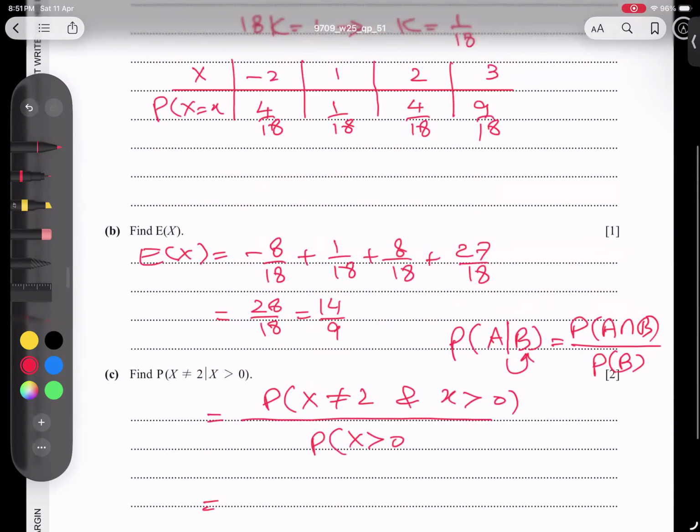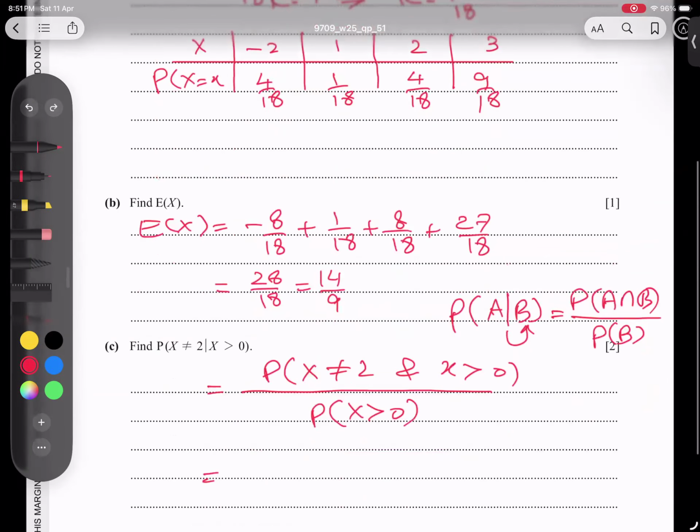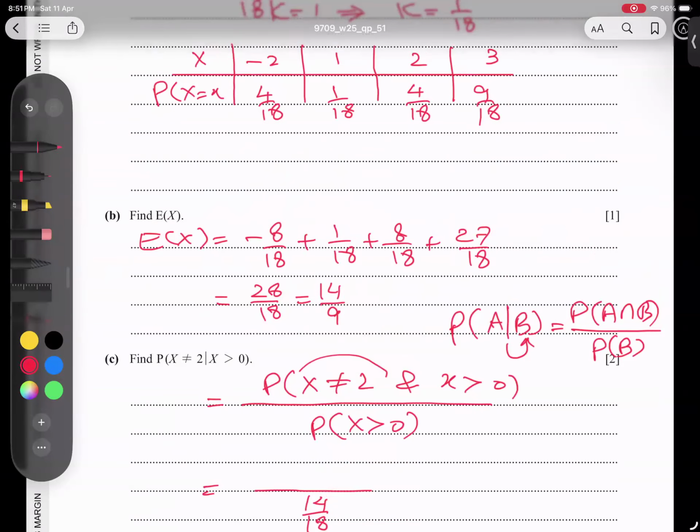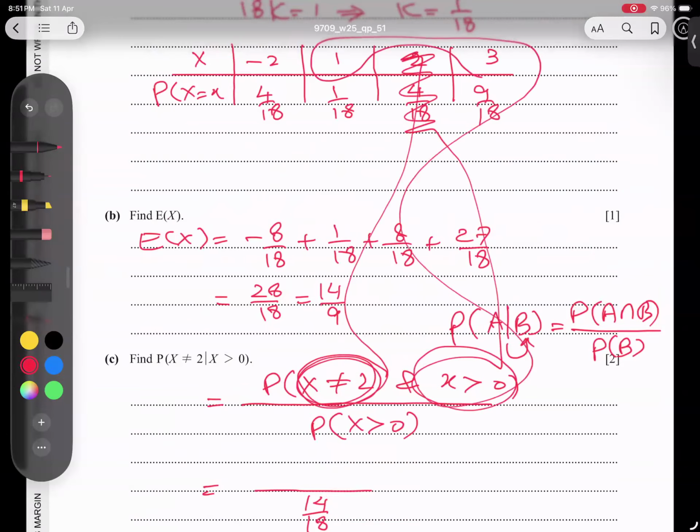First of all, more than 0 means positive. Positive numbers are all 3. So I have to add all these probabilities. 9 plus 1, 10 plus 4, 14. So I'm getting here 14 by 18. I hope it's clear. And now I'm writing together. What does this mean? X is not equal to 2 and more than 0. More than 0 are these two values.